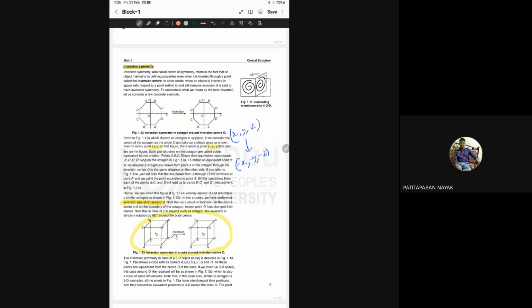Similarly, E goes to C and C goes to E. That's how we get A, B, C, D and E, F, G, H.